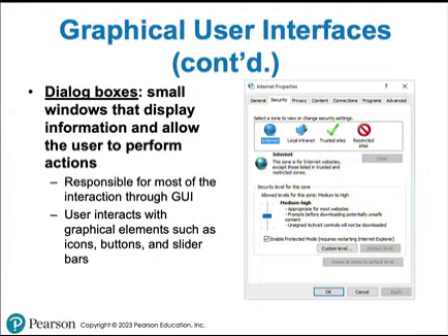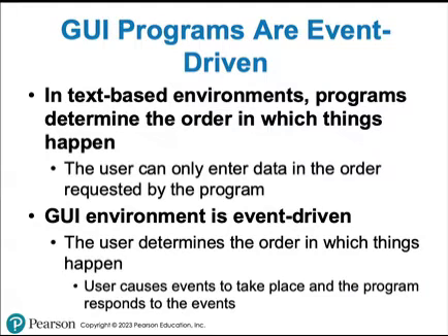When we have graphical user interfaces, one of the real common components is a dialog box. It is a window that allows you to interact with the operating system. Here it looks like we're looking at the security level for the internet properties on a Windows machine. In a text-based environment, we have programs or commands that figure out how things happen.